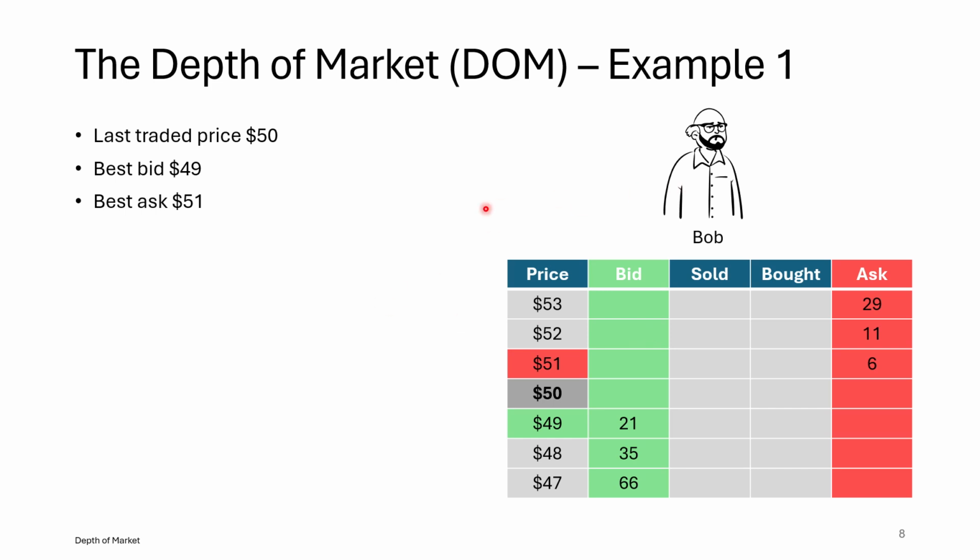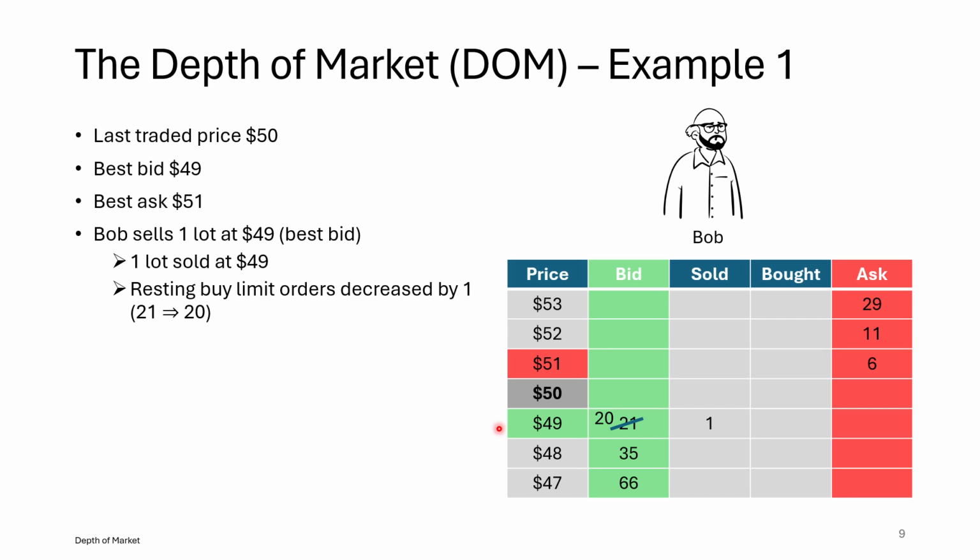And now we have our trader, we have Bob, and Bob wants to sell one lot at the best price, so at the best bid, which is $49. And what happens is, because obviously you can see here, we have enough resting limit orders at this price level, so it's no problem to sell here, to sell into this passive demand.